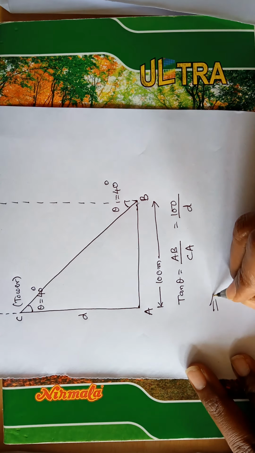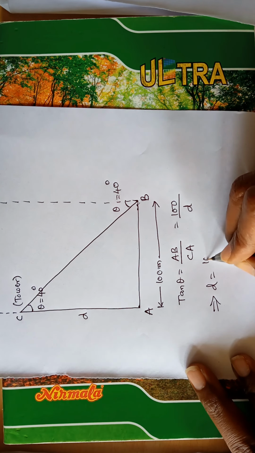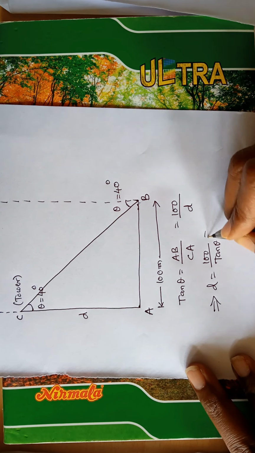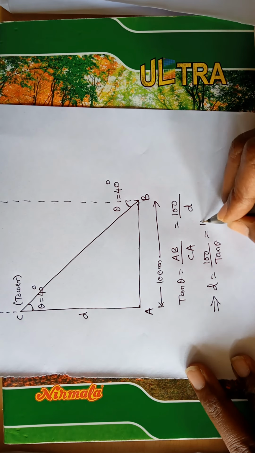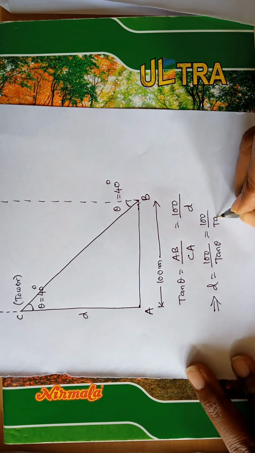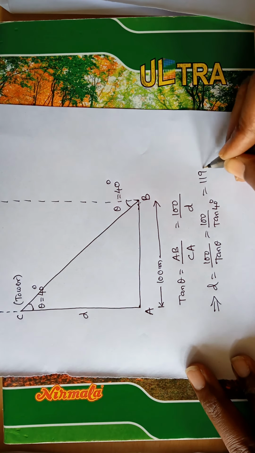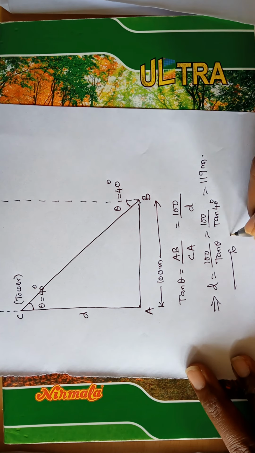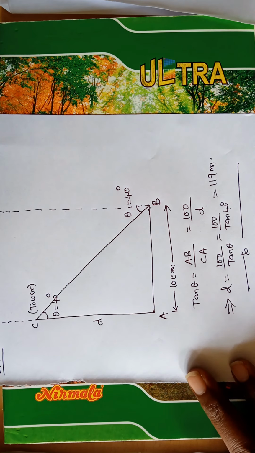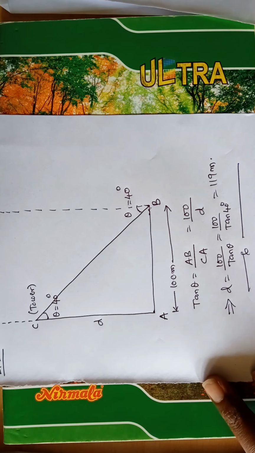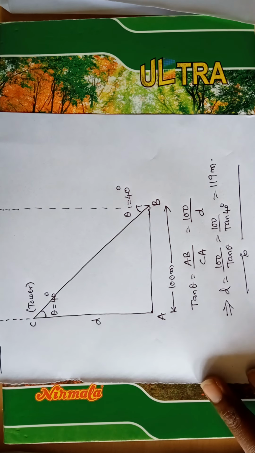So from this we get D equal to 100 by tan theta, and the angle you measured is 40 degrees, so 100 by tan 40 degrees, that is equal to 119 meters. So using the parallax method you could find the distance of a tower.